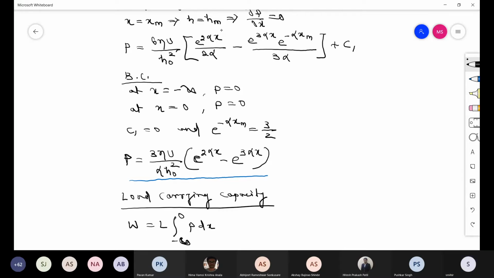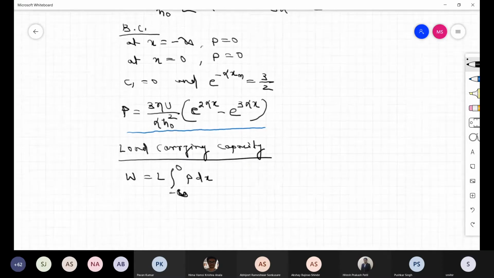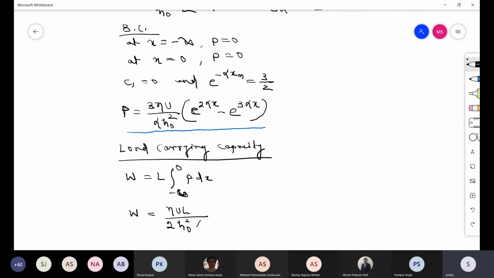Okay, that will give you this, which is your load carrying capacity for the bearing.